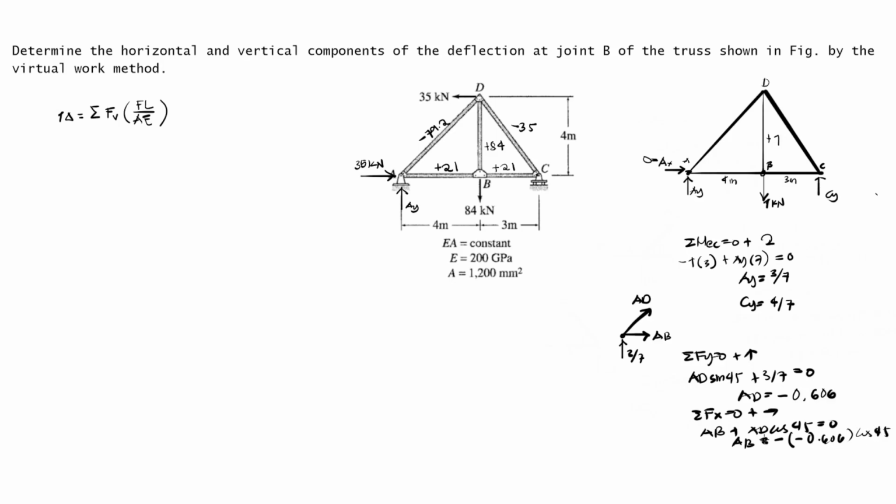Cosine 45. So, ang AB natin is equal to negative, so magiging positive siya, 0.606 cosine 45. That is 0.429. Okay? 0.429 ating AB. Okay?